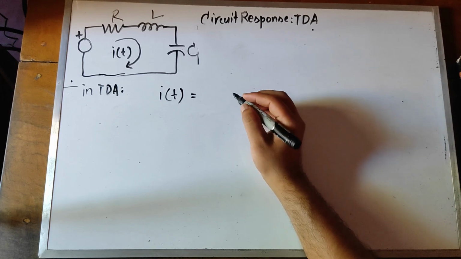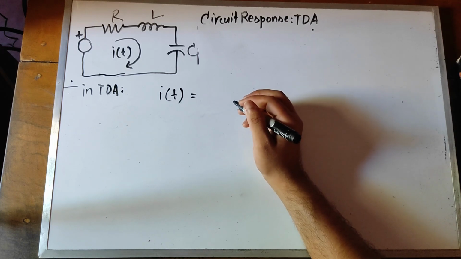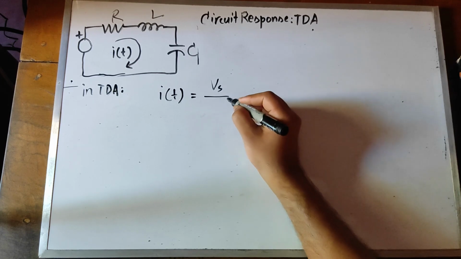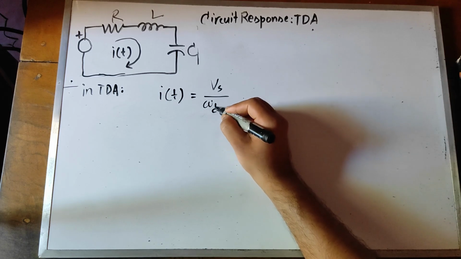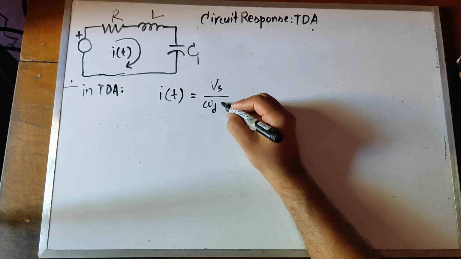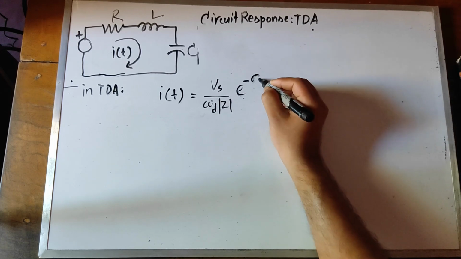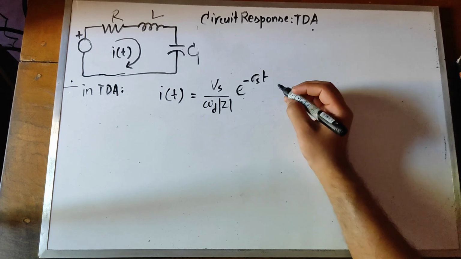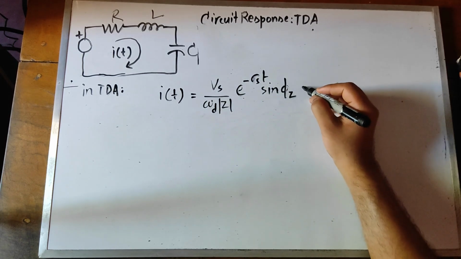The transient part will be more or less this: Vs by omega d, which is the damped natural frequency, times Z, the exponential of sigma, which is the damping coefficient, times sine phi z.